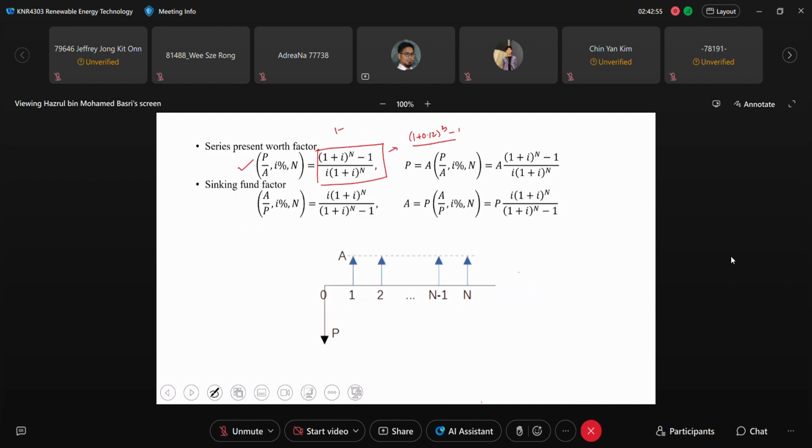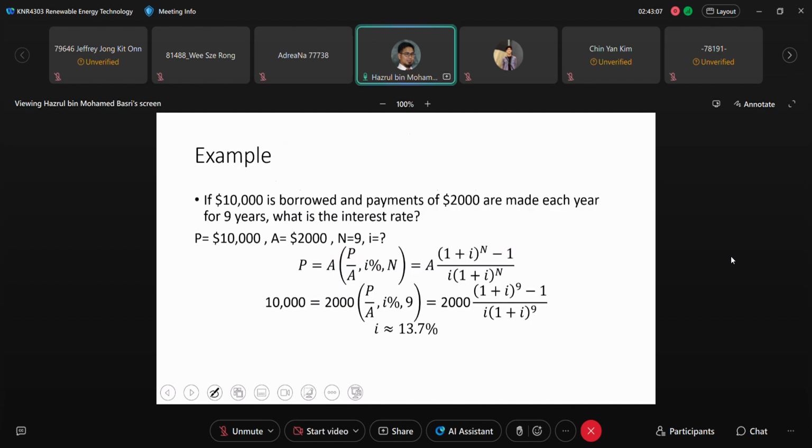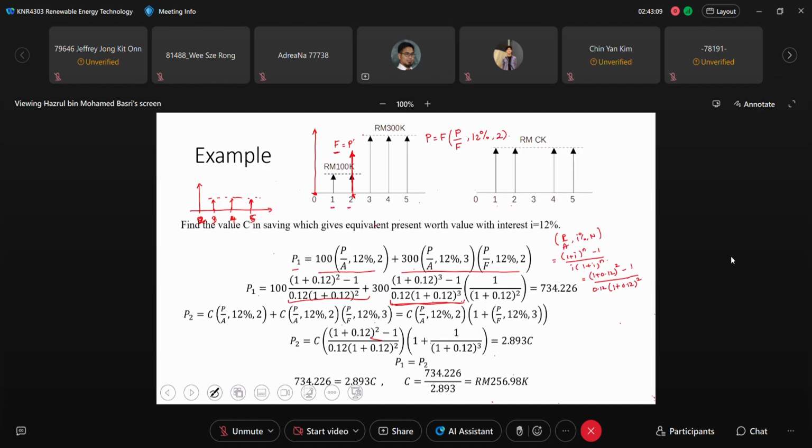Cube, sorry. 0.12, 1 plus 0.12 cubed. So calculate this value and you get this one. P given F. Okay, let me again clear out the slide. P given F.